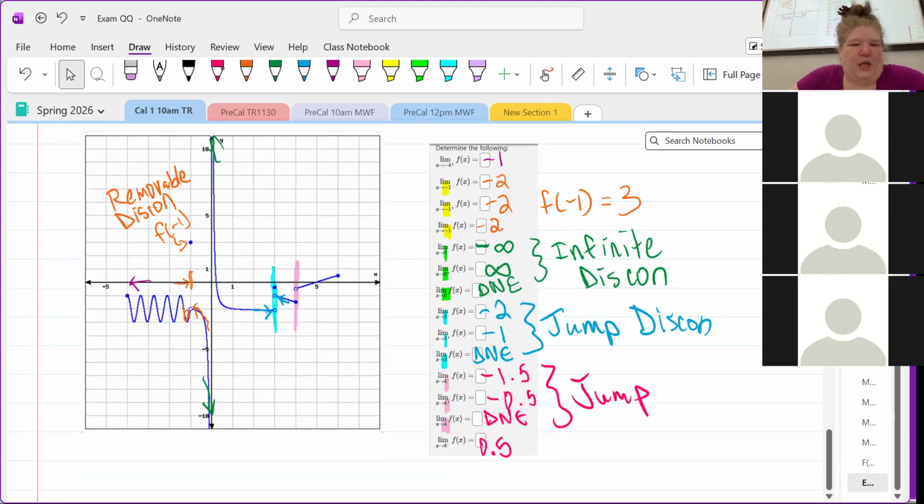All right. So we did a whole lot of thinking, a whole lot of weird stuff with this graph. But this is literally the format from exam 1. So what if you had to do this question backwards? So if I gave you the list on the right, and you had to sketch me a graph.